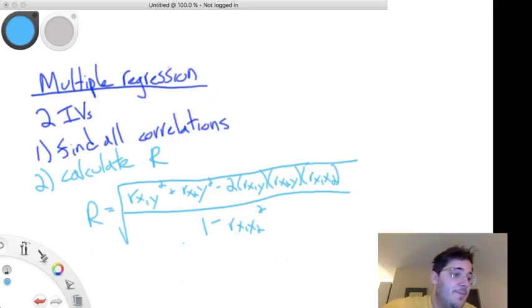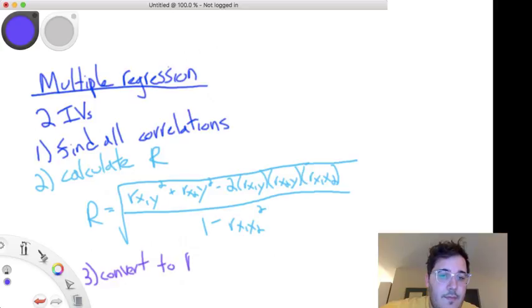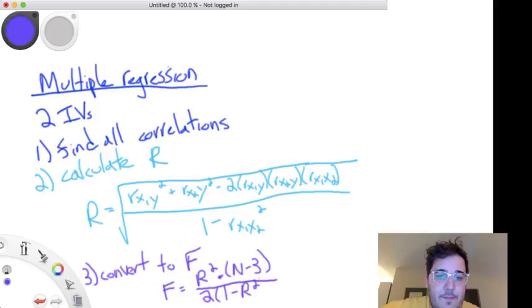But the problem is there's no critical values for multiple R. So you have to convert it into an F. And that equation is F equals R squared times n minus 3, divided by 2 times 1 minus R squared. So you convert your multiple R into an F, and then that gives you something that you can compare to a critical value.